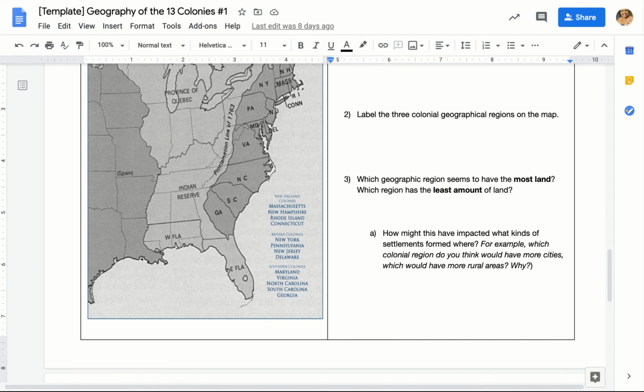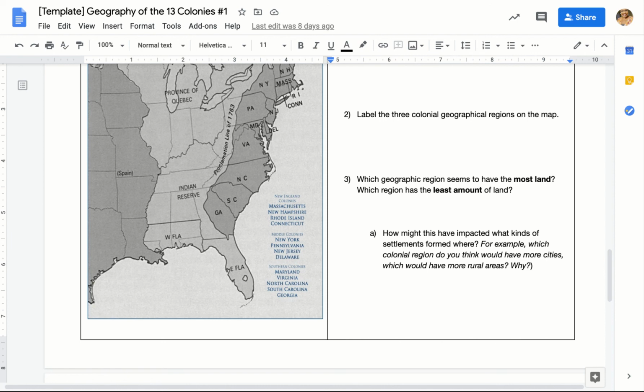So, for example, which colonial region do you think would have had more cities? And which region or regions do you think would have had more rural areas and why? So remember, city is urban, rural means country.